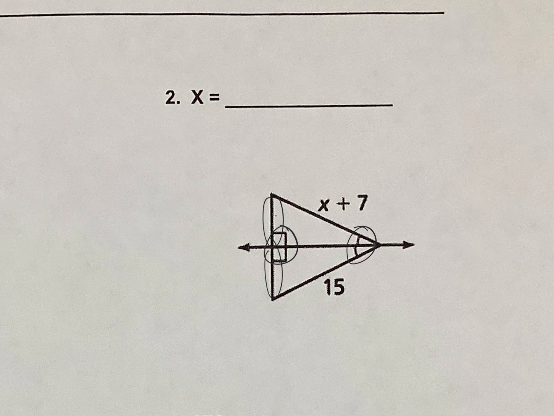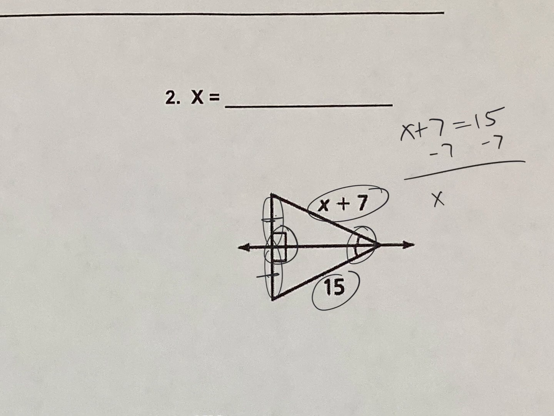Right now we're going to pretend they're the same length. If these are the same length, then these two are equal to each other. So let's go ahead and do that. X plus 7 equals 15. Subtract the 7. X equals 8.